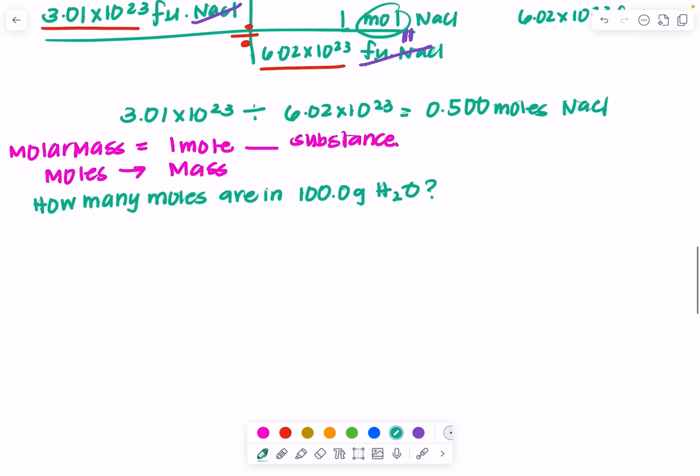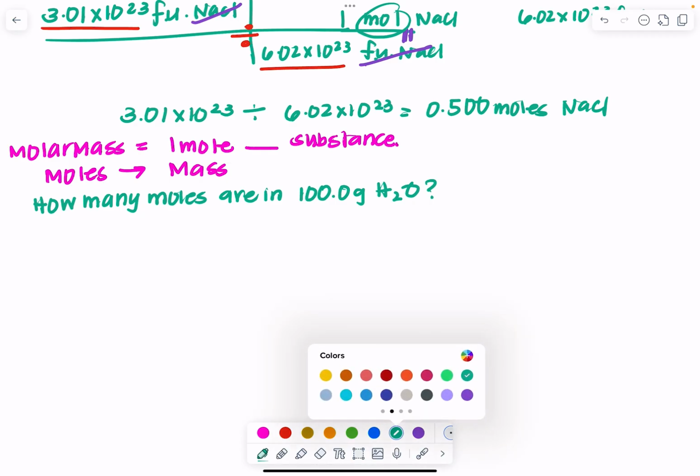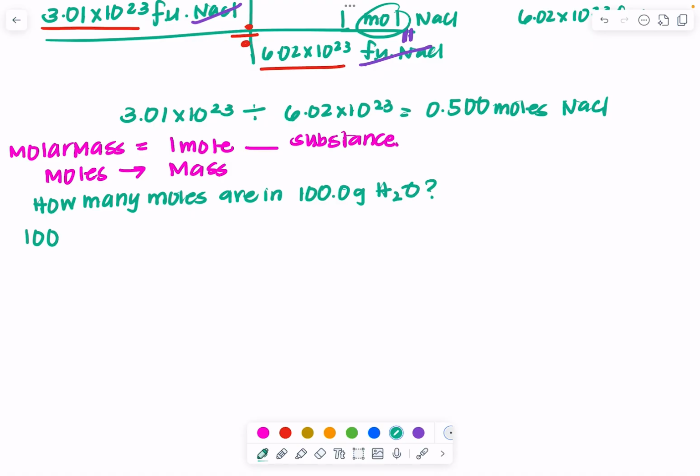Okay. First thing I need to do is start with what I'm given, which is 100.0 grams of H2O. Now I need to figure out some kind of conversion factor.